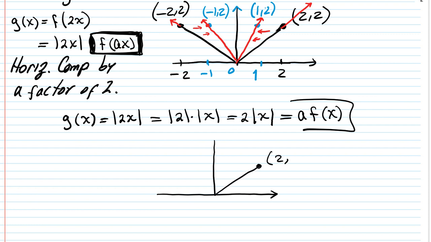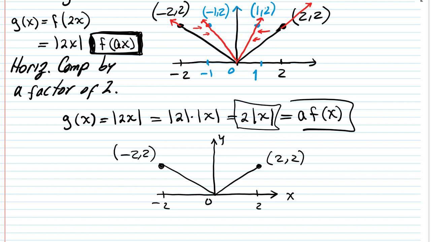Remember, this point was 2, 2. I'm not going to put the arrows on, okay, folks? I'm just going to go with what I have here. So this is going to be -2, 2. This is -2, and this is 2, and there's 0. Here's x and y. Okay. Now we're looking at 2 absolute value of x. So let me plot a couple of points. I'm going to let x be 1.